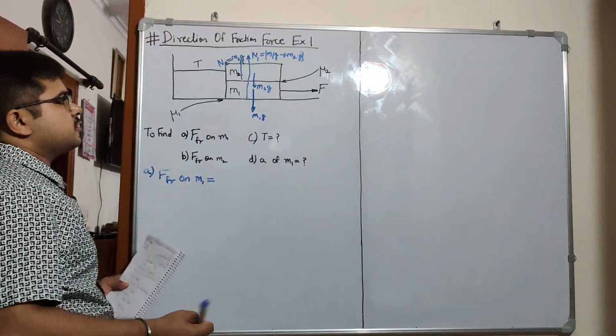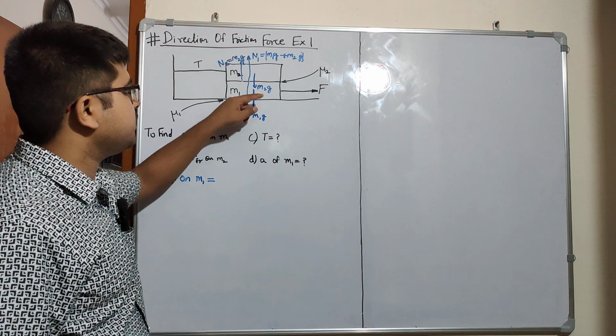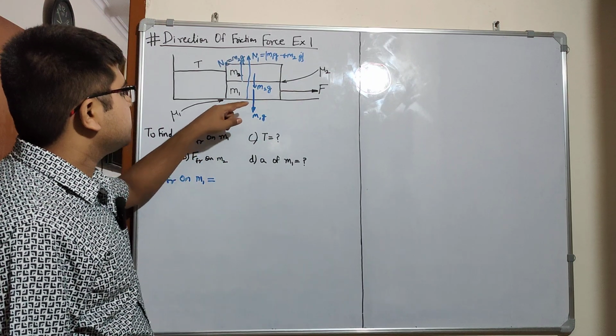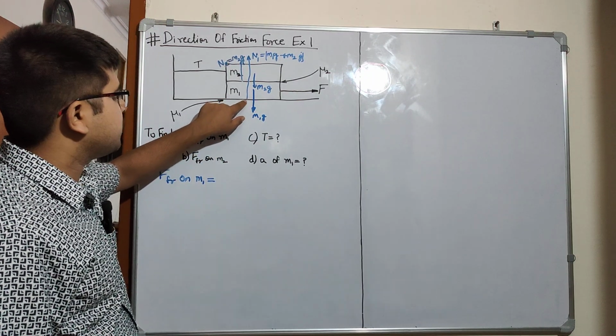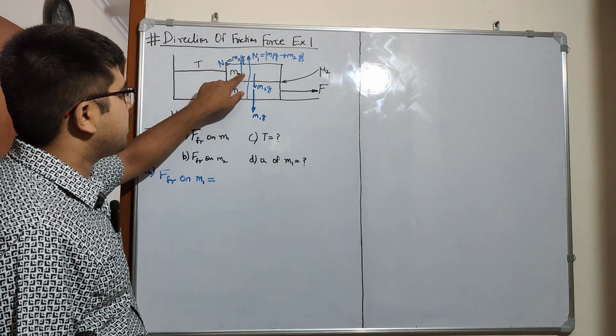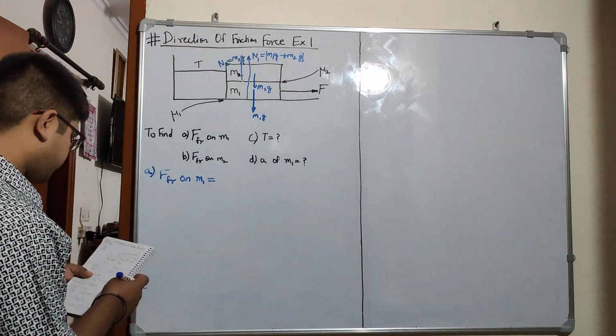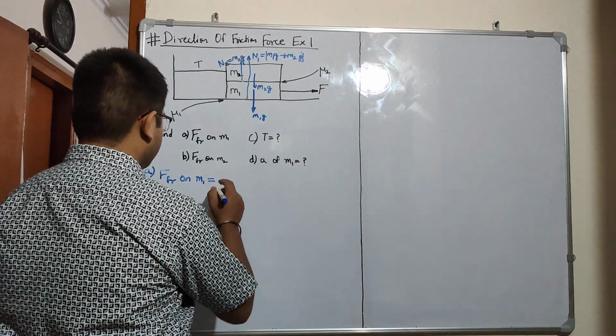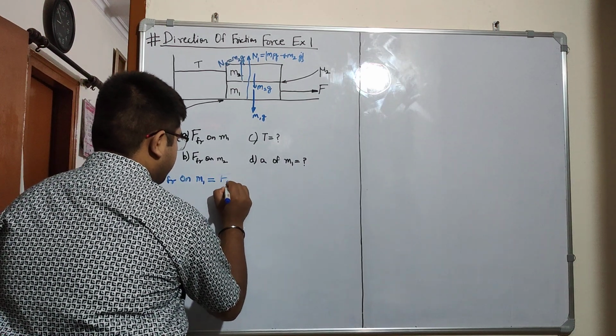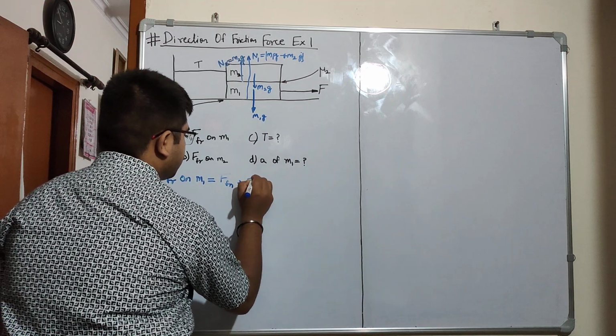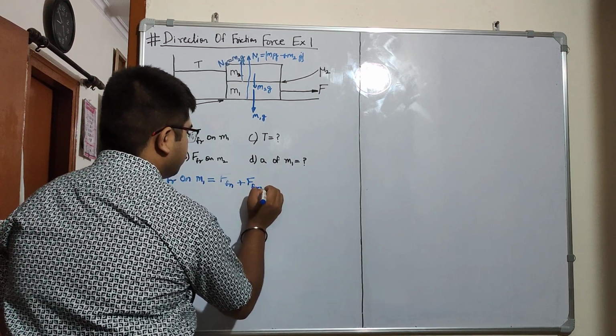There will be two friction forces because this block is moving towards the right. So one friction force will be applied by the ground here, and the second friction force will be applied by the M2 mass here. So the two friction forces are FR1 and FR2, FR1 plus FR2.